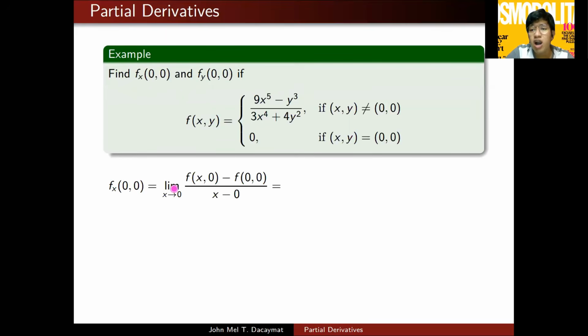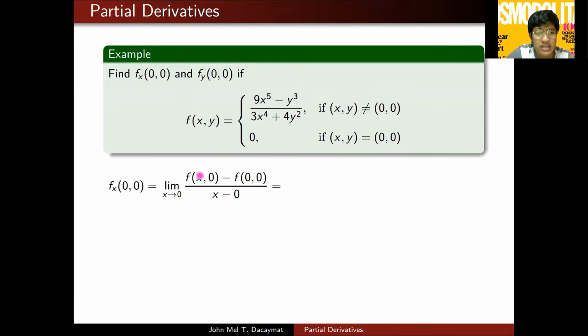However, I'm not necessarily at that number, no? So, ibig sabihin, habang even x gets super close to 0, I will still choose this one because it's not necessarily at 0, 0. X is not necessarily at x equals 0. Okay? So, for this case, ang kunin ko po is itong function na to.